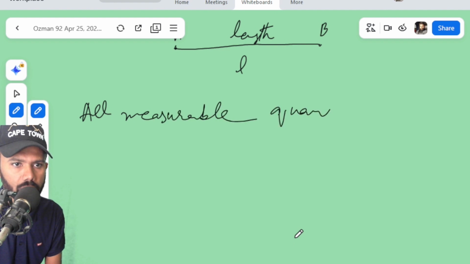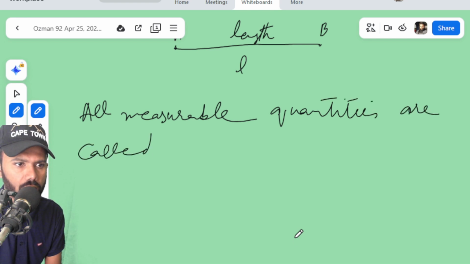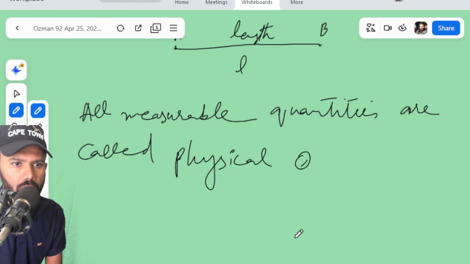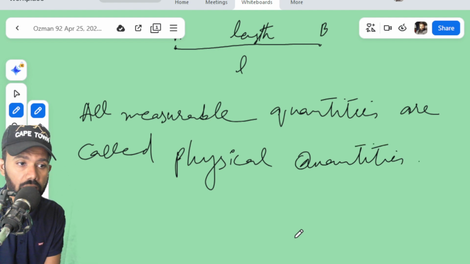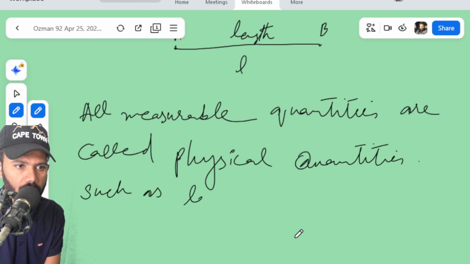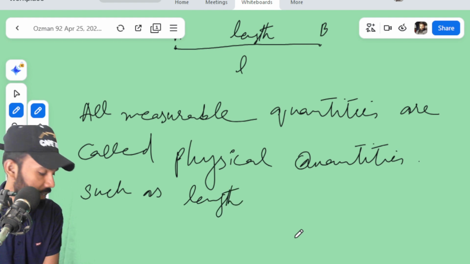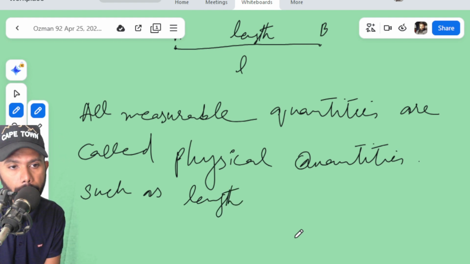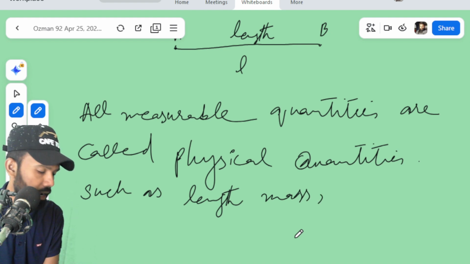measurable quantities are called physical quantities, such as length, mass, time and temperature.